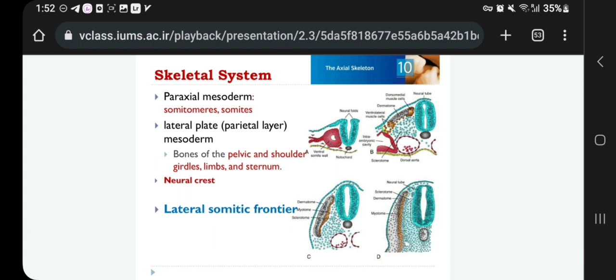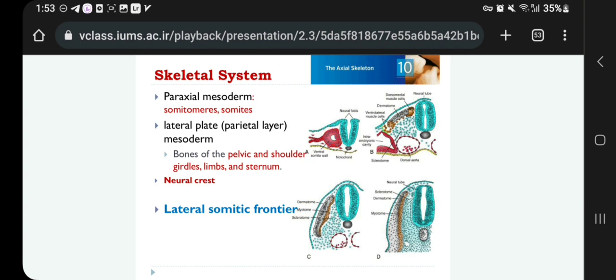Every somite has a ball shape. At the first of the differentiation, it is like a ball with a hollow in the middle, and here is the ventral surface, and this part is the dorsal surface.